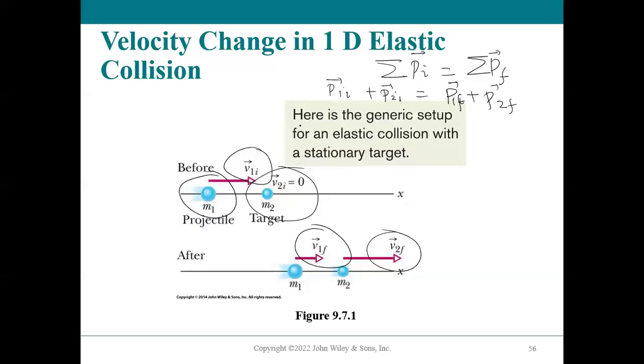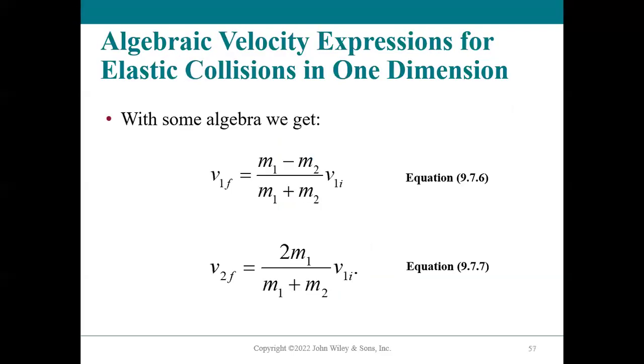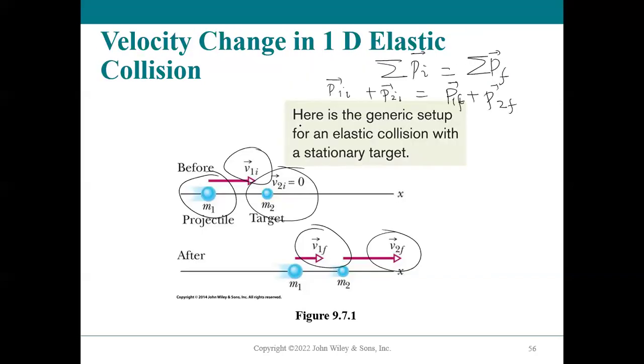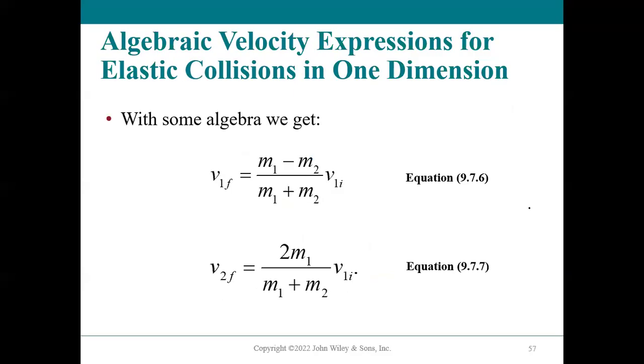So in this case, as v2i is equal to 0, we have m1 v1i equals m1 v1 final plus m2 v2 final. So we can calculate v1 final.